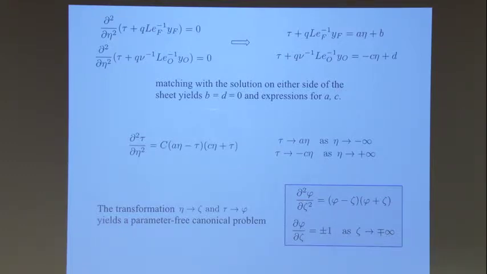But manipulating this problem a little bit, which is just making a simple transformation from eta to zeta and from tau to phi, you can show that no matter what the constants, you can always write it in this canonical form. The beauty about this is that it has no parameters, so all you have to do is solve one time for all the structure of the Burke-Schumann solution. Note that the slopes are plus and minus 1, and that's the equation.